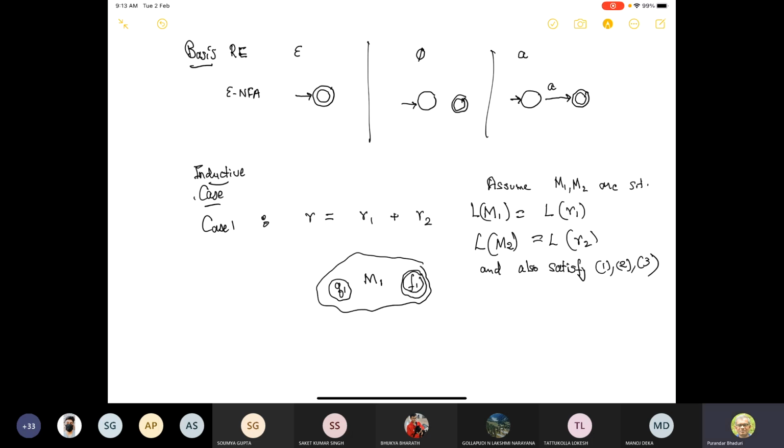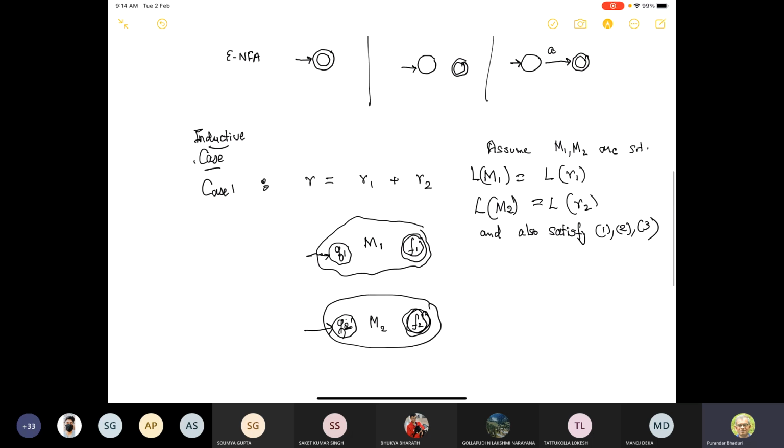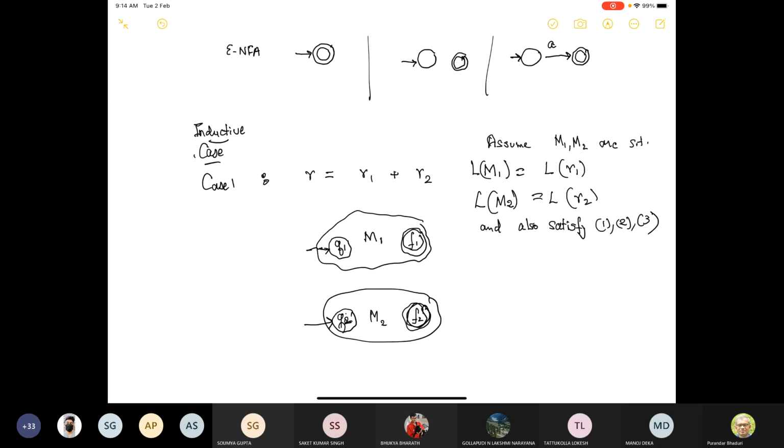One initial state, one accepting state. This is M2. One initial state, this is Q2, and one accepting state.